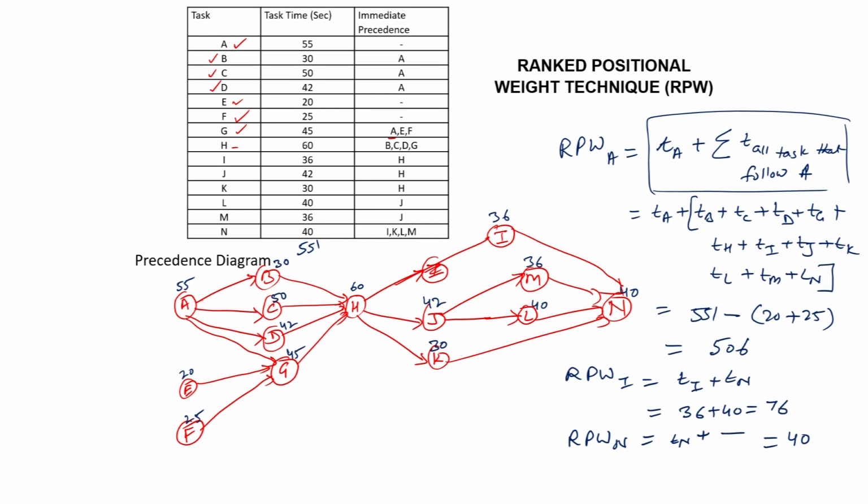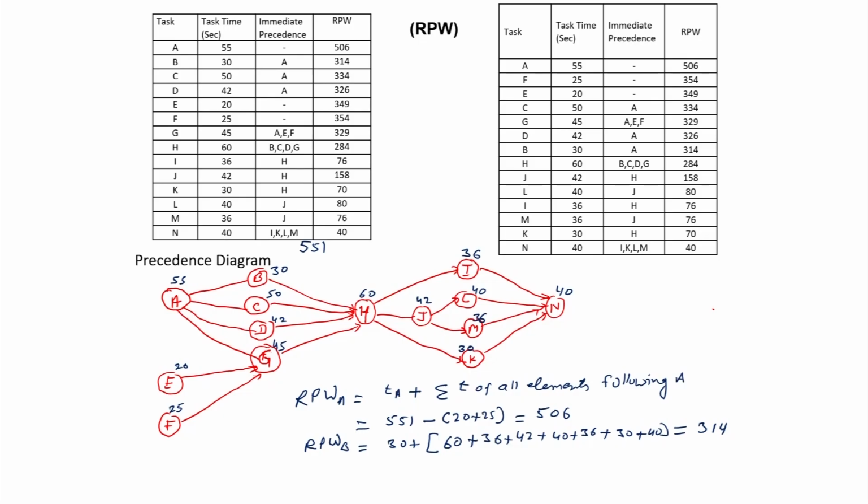So, with the help of this we will calculate the RPW of each of these elements, and I have reproduced this in this particular table. Element A has an RPW of 506, element B 314, element C 334 like this. If you see, we calculated for N it is 40, for M I can very easily do 40 plus 36, 76, for L it is 40 plus 40, 80, for K I can do 40 plus 30, 70.